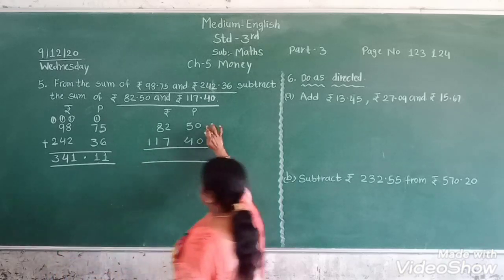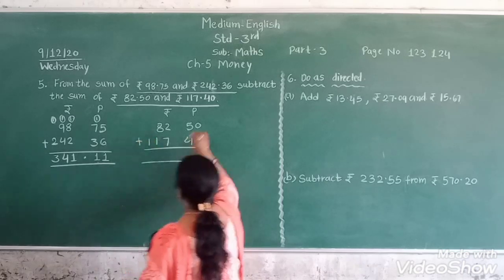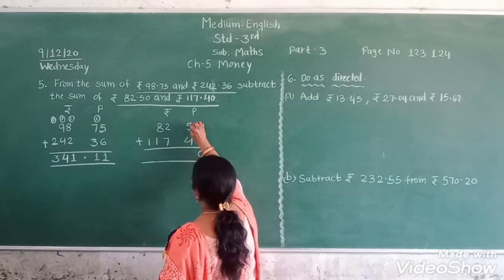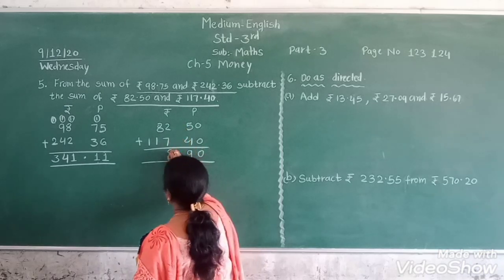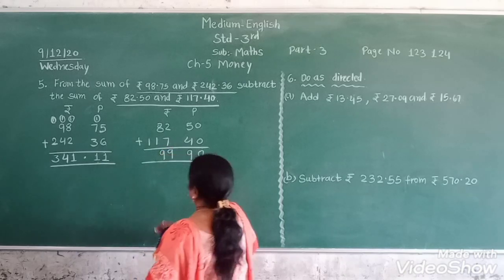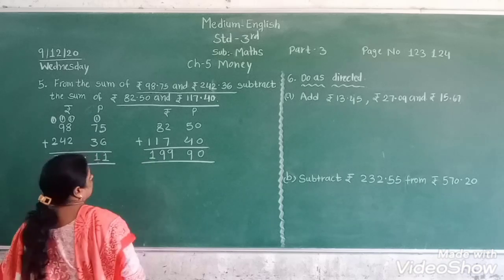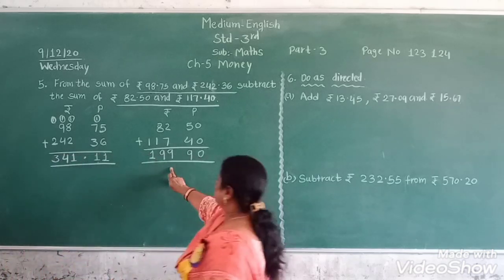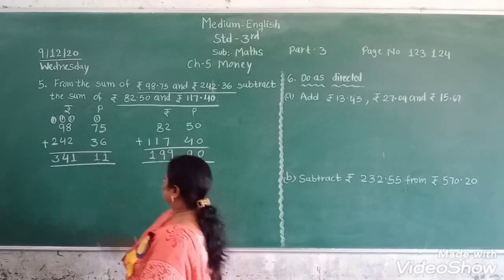Now 0 and 0, we put the plus symbol. 0, 0, 0, 5 and 4, 9, 2 and 7, 9, 8 and 1, 9. 199 rupees and 90 paise.